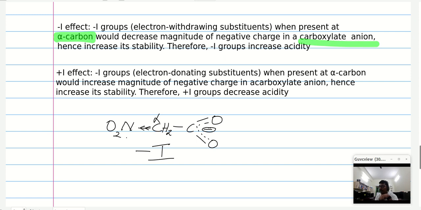So when you have a group which can exhibit minus I effect, it would decrease the magnitude of the negative charge. It is able to stabilize by withdrawing the negative charge from here to this side. So that's how it is able to stabilize.